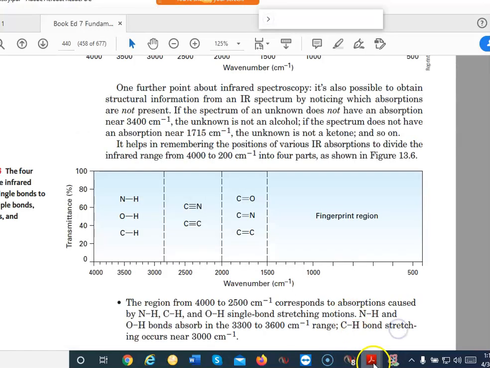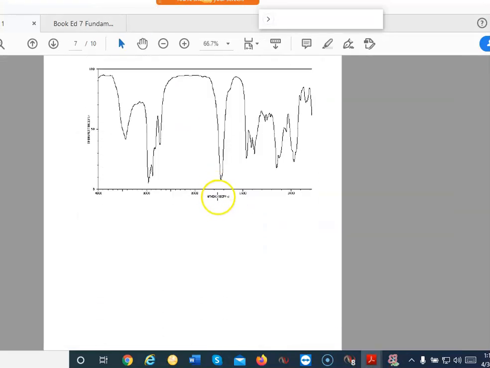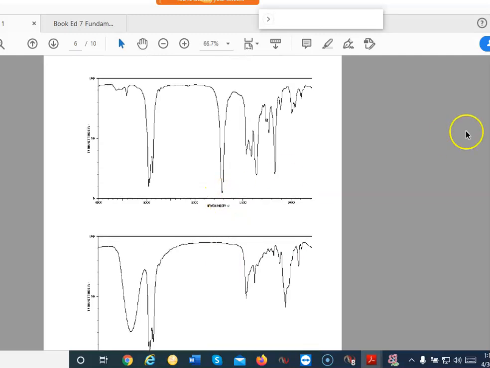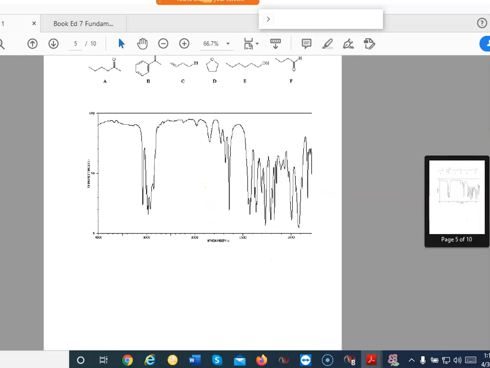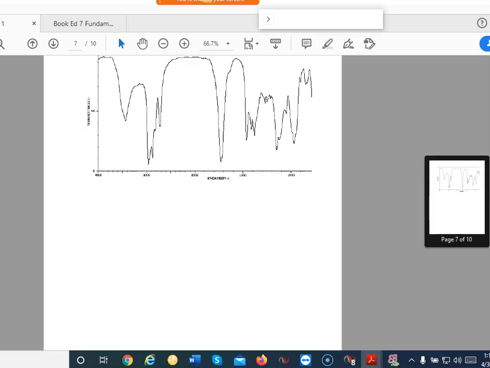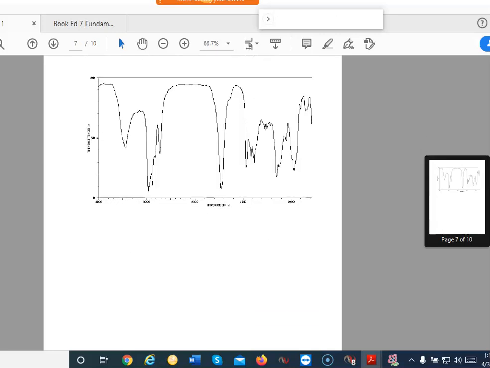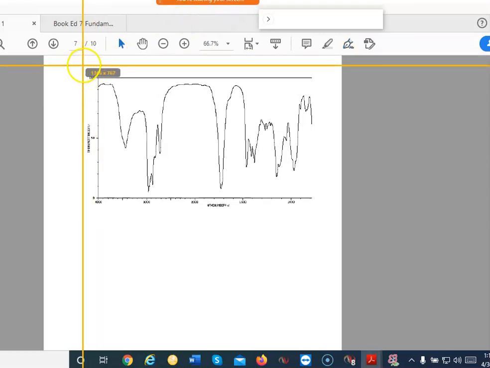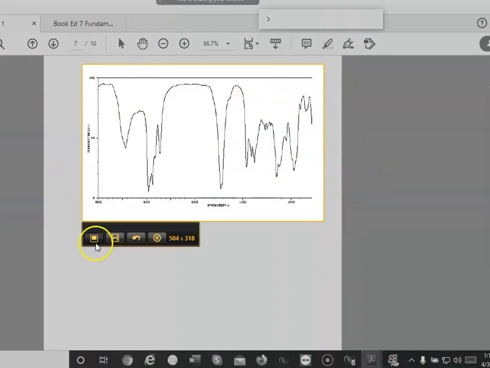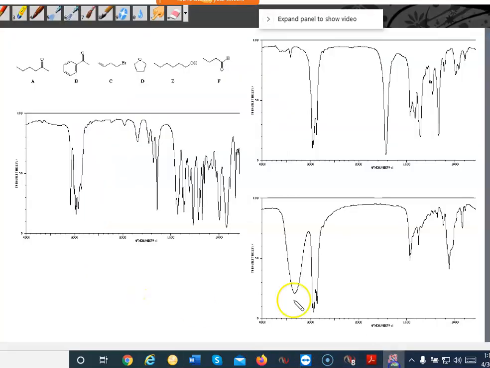Let me just double check, make sure. I think that was it. Oh no, wait a minute. There are 2 more, aren't there? That's page 5. That's page 6. Yeah, page 7. One more. Just one more? One more. Okay. I don't know where we're going to put this. I guess we'll put it down here.